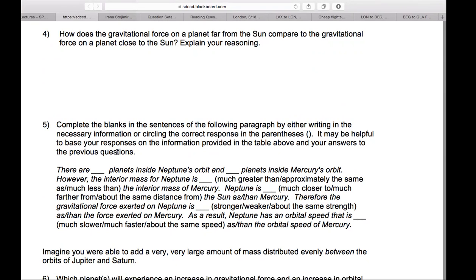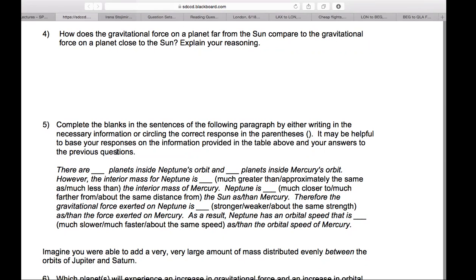I just count Mercury as the planet because the sun is not a planet. It's asking you inside of Mercury's orbit how many planets. There's 0 planets, right? So 7 planets inside Neptune's orbit and 0 planets inside Mercury's orbit. We don't count the planets themselves. There are 7 inside Neptune and 0 inside Mercury.